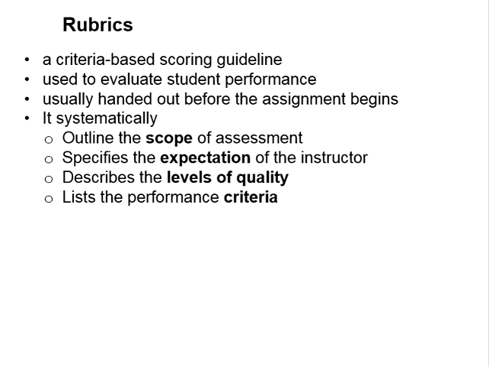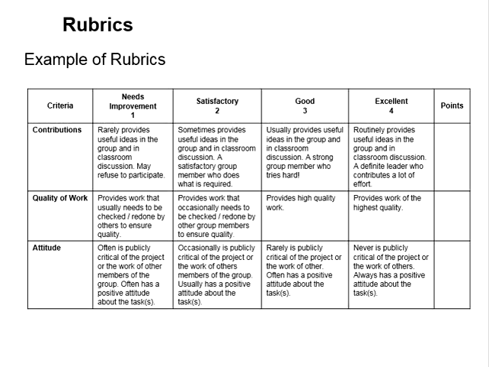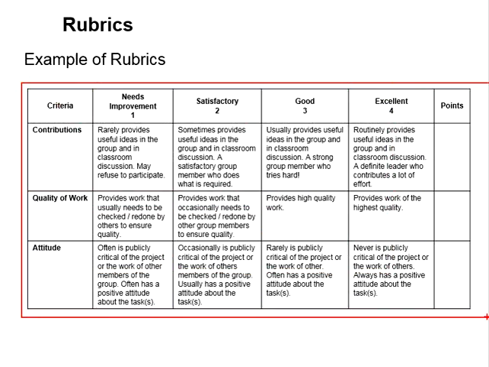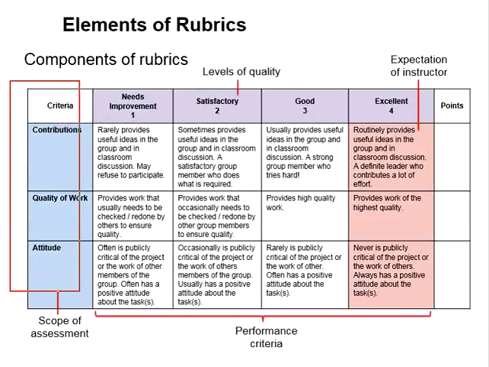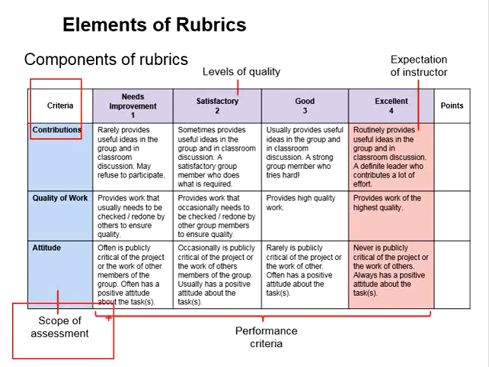Knowing the principles of the rubric, let us have a look at an example of a rubric. This is a typical rubric. There are 3 criteria here in total. The criteria define the scope of the assessment. There are 4 levels of quality, from level 1 to level 4. Level 1 represents the lowest level of quality as far as this rubric is concerned, whereas level 4 will be the highest level of performance.